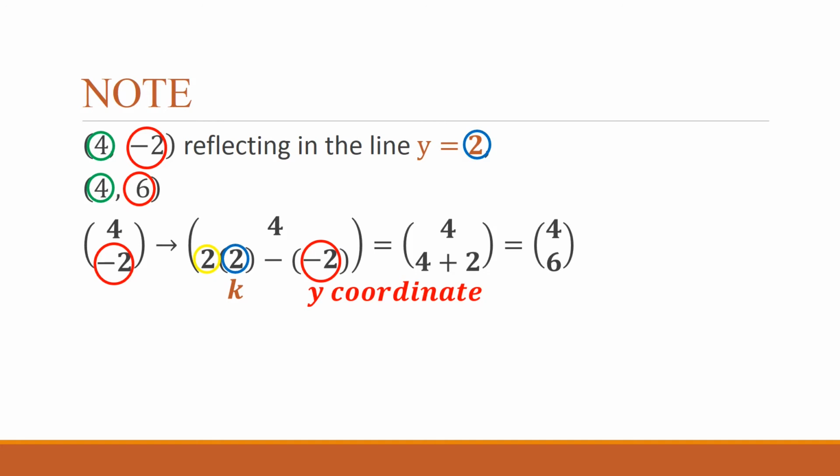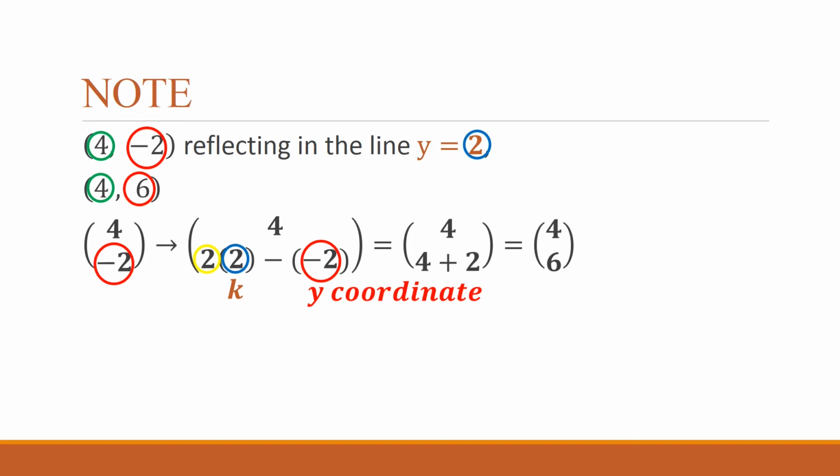The 2 in yellow will multiply the constant 2 to give 4. So 4, then minus, multiplying by -2 will give us a positive value. So we see 4 plus 2, and that gives us the y coordinate as 6.